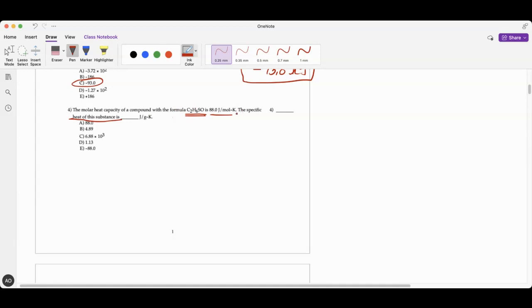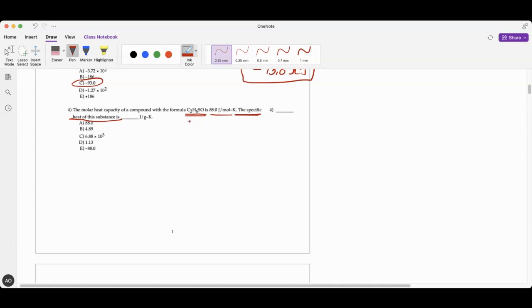Oh, yeah, they're giving us the molar heat capacity. Sorry, I'm really tired and down and everything else.